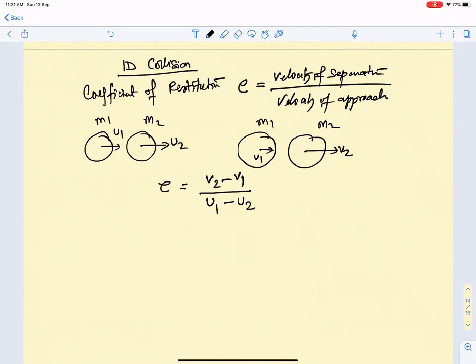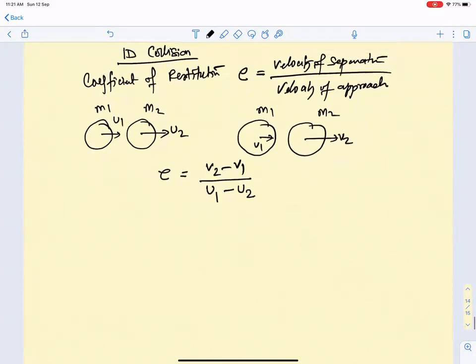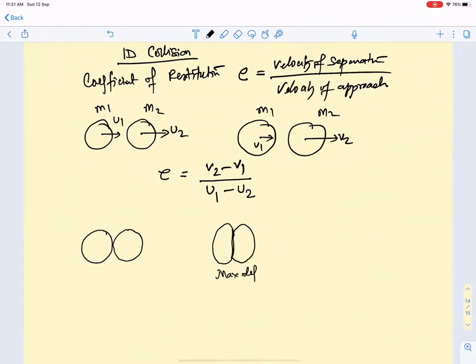In every collision, there are stages from just about to make contact to the stage of maximum deformation. The maximum deformation stage happens when both the bodies have the same velocities.